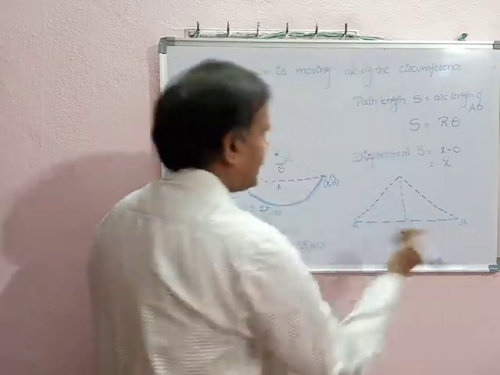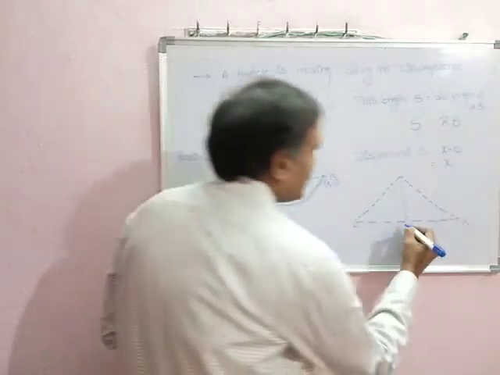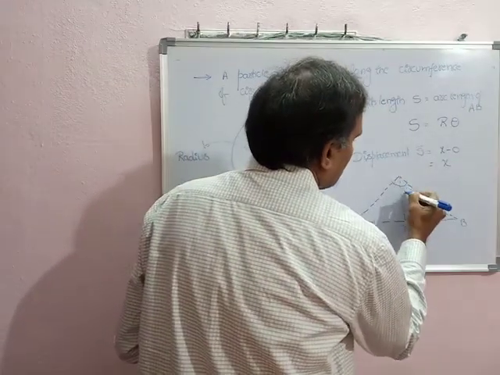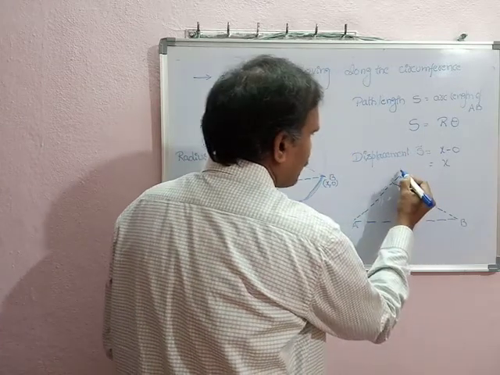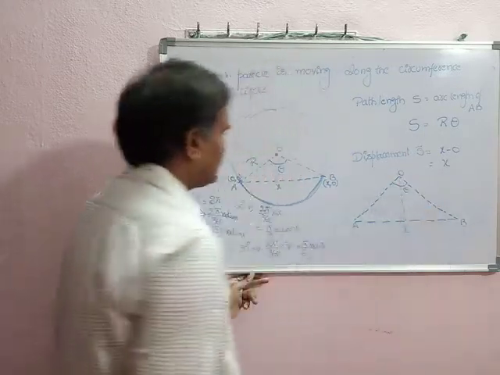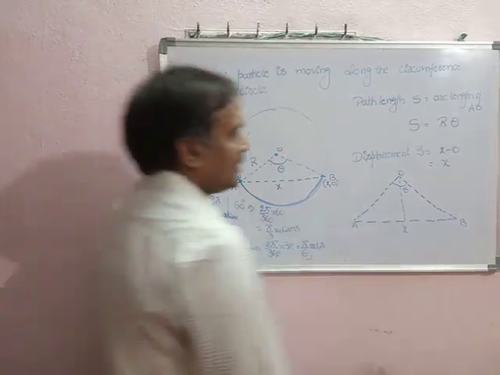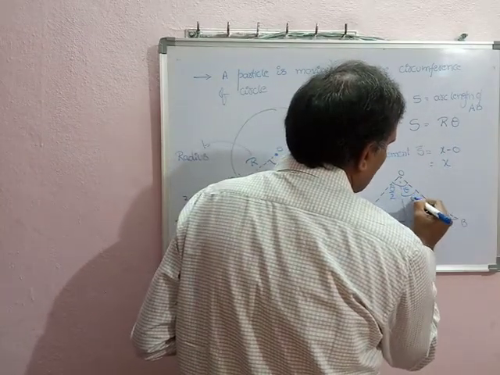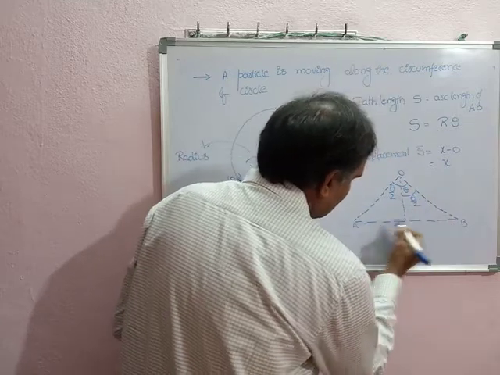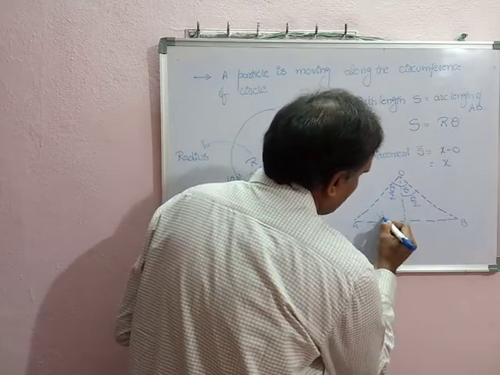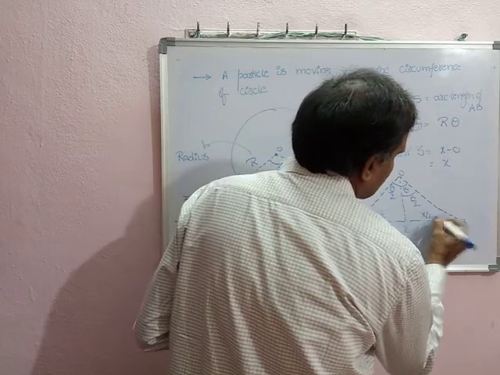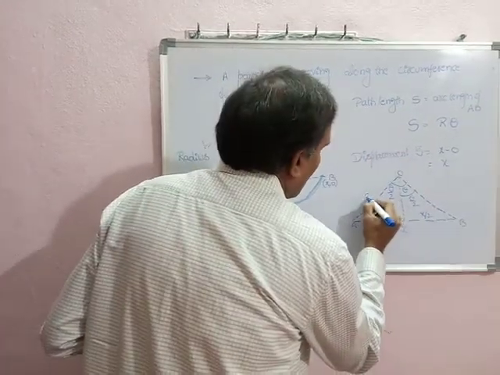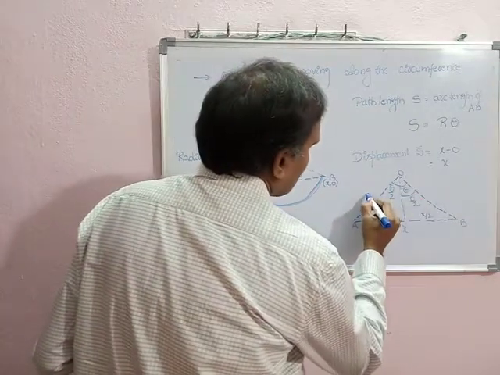This is A and this is B. It is x, and the complete angle is theta. Now you can drop a perpendicular from O onto this line. Therefore this angle becomes theta by 2, this angle also becomes theta by 2, and this length becomes x by 2, this length also becomes x by 2. Now it is r, it is r.